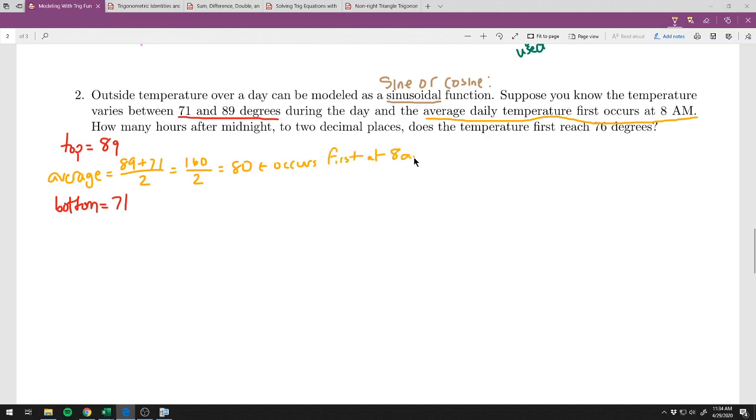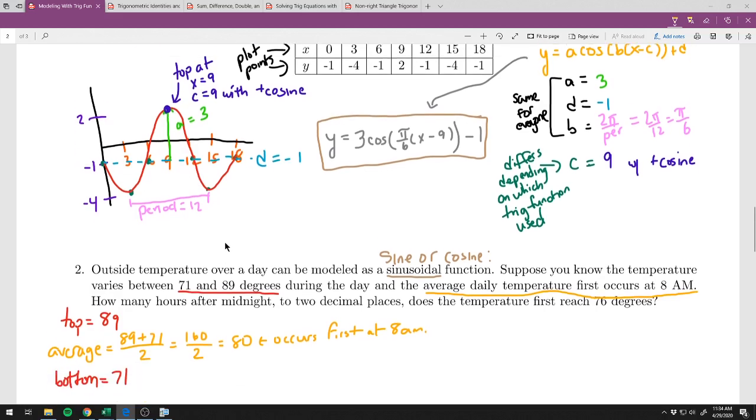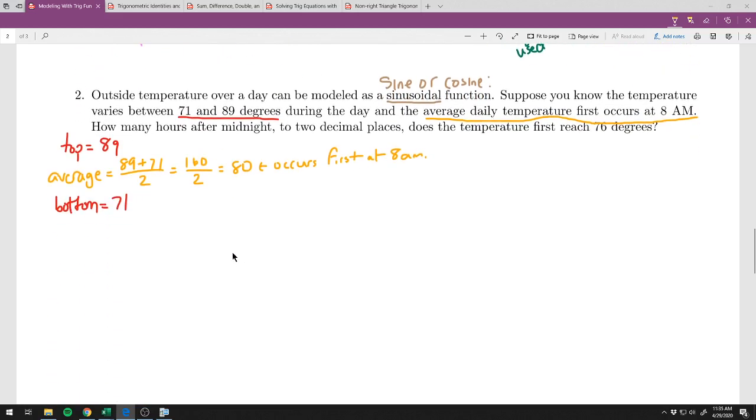at 8 a.m. The reason they're telling you it first occurs then is because if you look at this graph, over one period between 3 and 15, you'll see the average occurs twice. Anytime you go through a period of a trig function, your average is hit twice. The only numbers that are hit once are the top and the bottom.